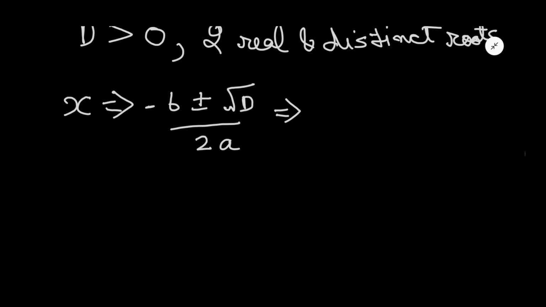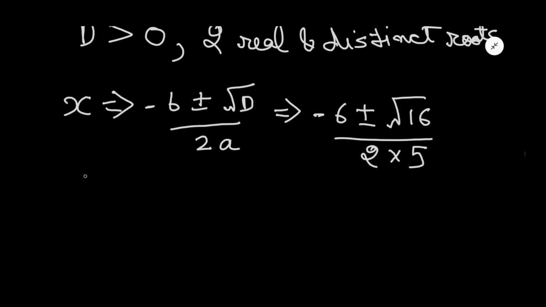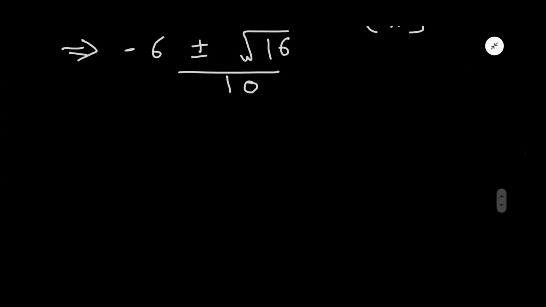As the value of b is equal to 6, the value of D as we calculated is 16 and the value of a is 5. So minus 6 plus minus under root 16 upon 10. So we will have two equations.